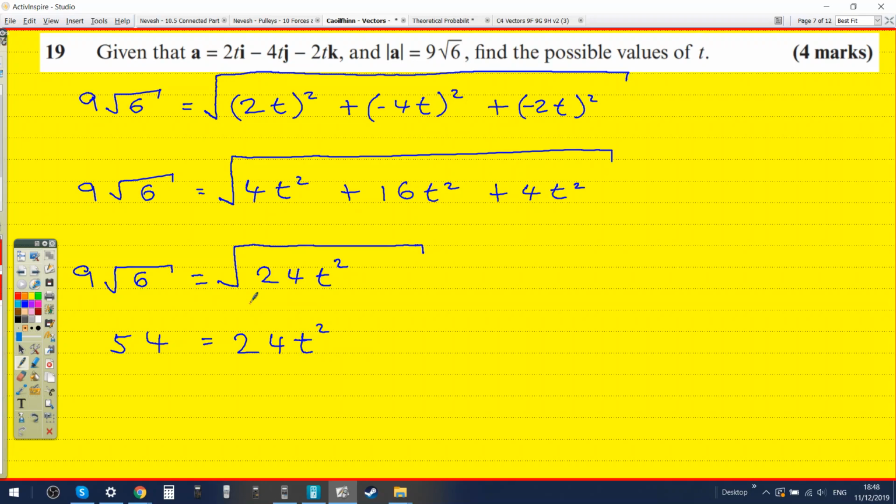How did you get that? So 54, yeah, if you square root both sides, you get root 54 is equal to 24t. No, you would get root 54 is equal to root 24 t.